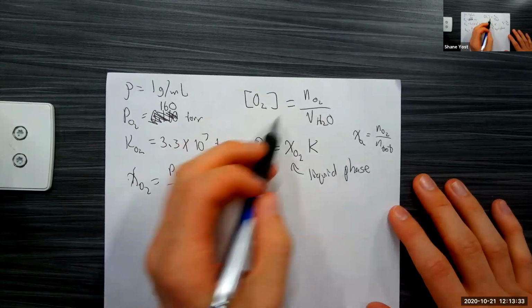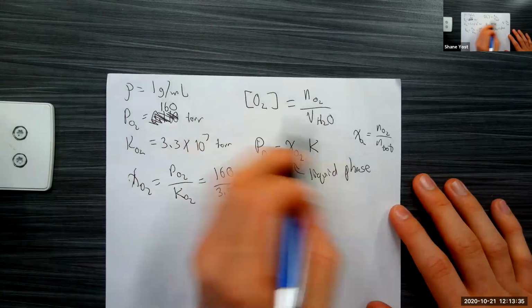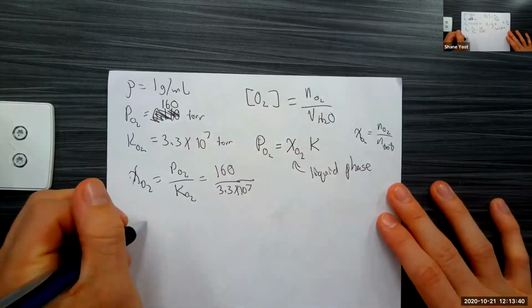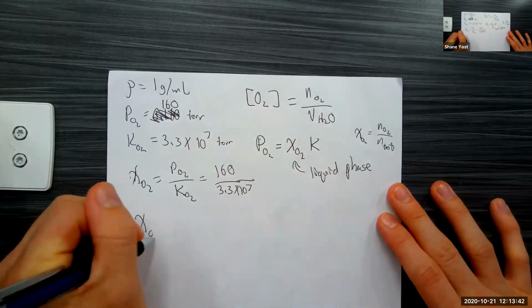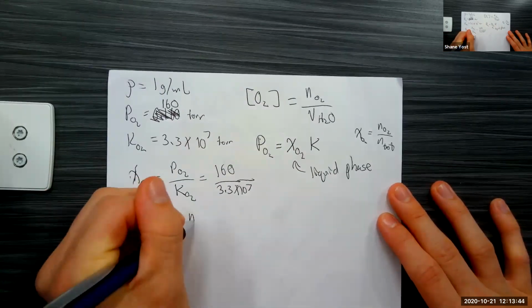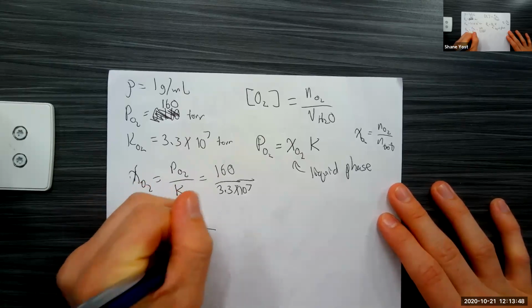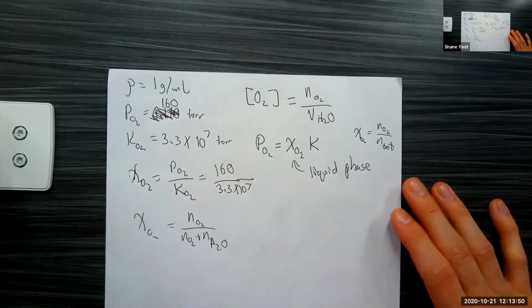And to relate the mole fraction of O2 to the concentration of O2, I'm going to use the fact that the mole fraction of O2 equals NO2 over NO2 plus NH2O.